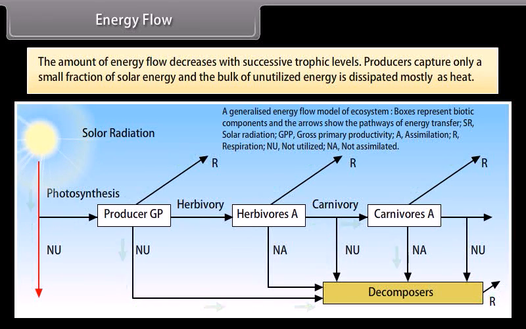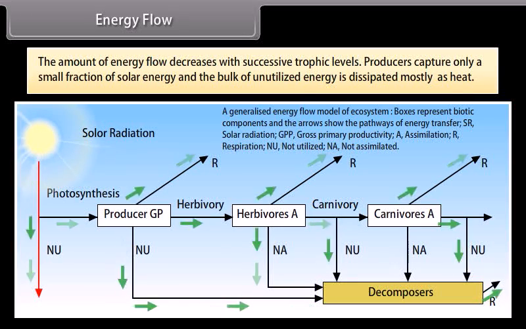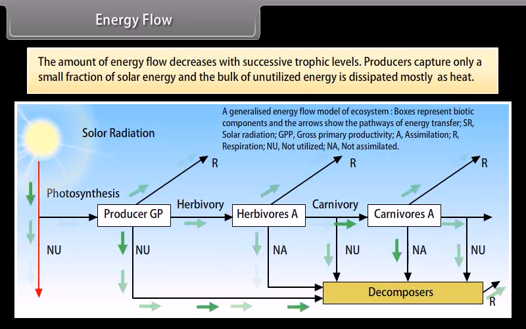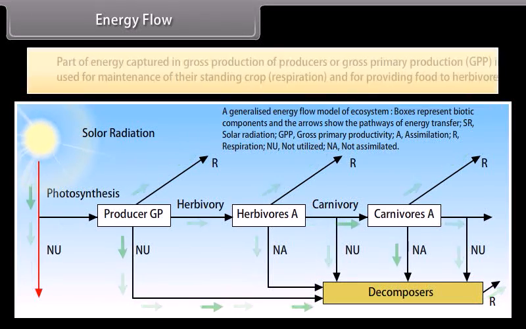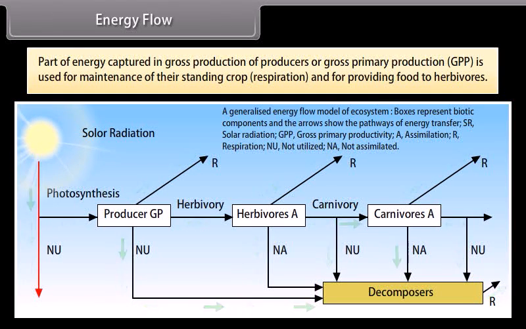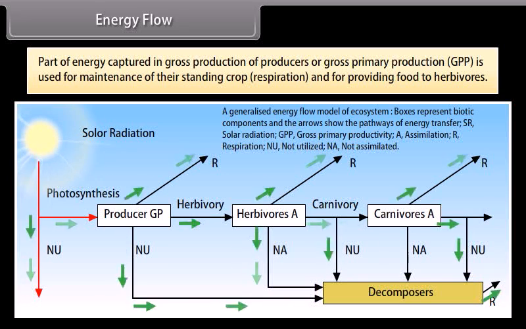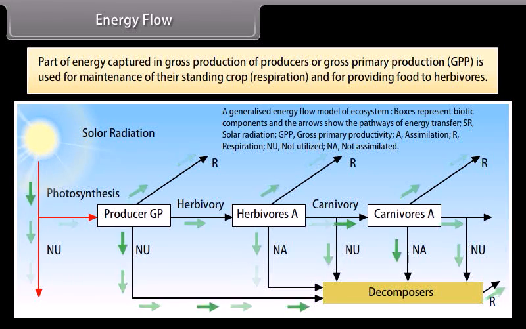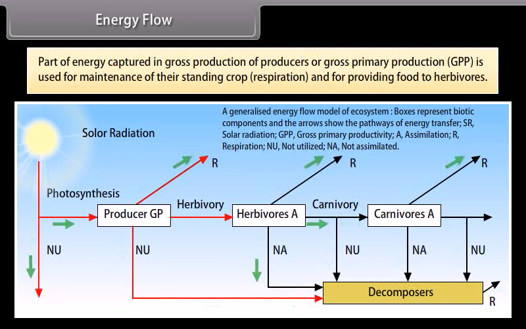Producers capture only a small fraction of solar energy, and the bulk of unutilized energy is dissipated mostly as heat. Part of the energy captured in gross production of producers, or gross primary production (GPP), is used for maintenance of their standing crop, respiration, and for providing food to herbivores.